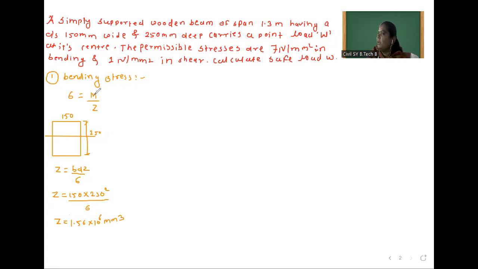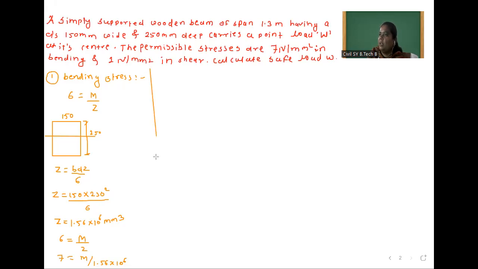Now we will calculate moment from this stress because bending stress is given. Sigma is 7, which is equal to M divided by Z, and the value of Z is 1.56 into 10 raised to 6. So from this we will calculate moment.